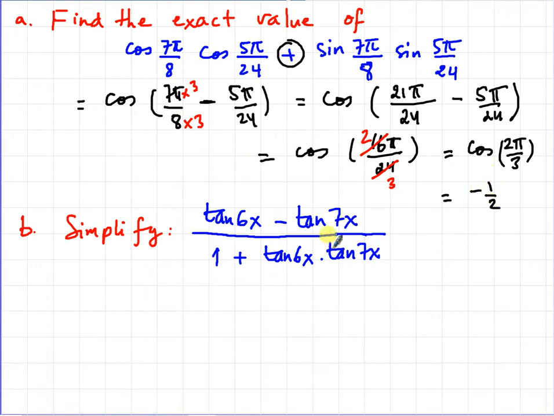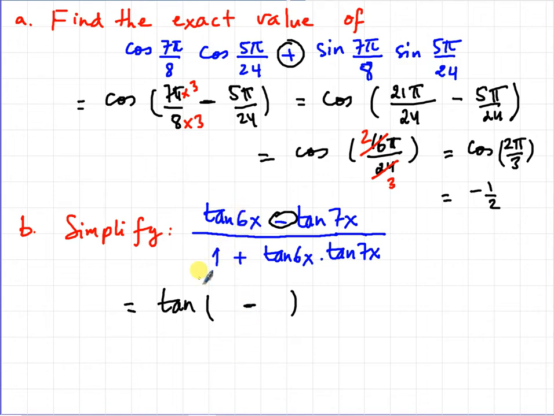Cosine 2 pi by 3 from the unit circle is over here. Cosine is the x value, or the x coordinate, of this point, which is minus 1 over 2. As for b, tan 6x minus tan 7x over 1 plus tan 6x times tan 7x. Also this is tan a plus b or tan a minus b. Because I have a minus sign here, I need to have a minus sign over there.